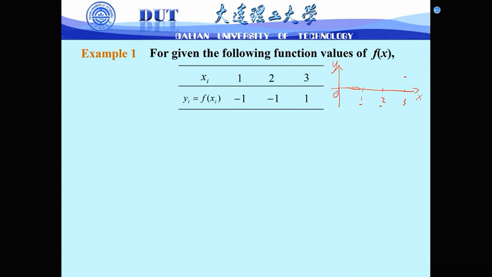That means we need to find a parabolic curve like this that satisfies the three conditions and passes through the three points. Now we don't solve the linear system as in the beginning. We know we can directly write the functions.